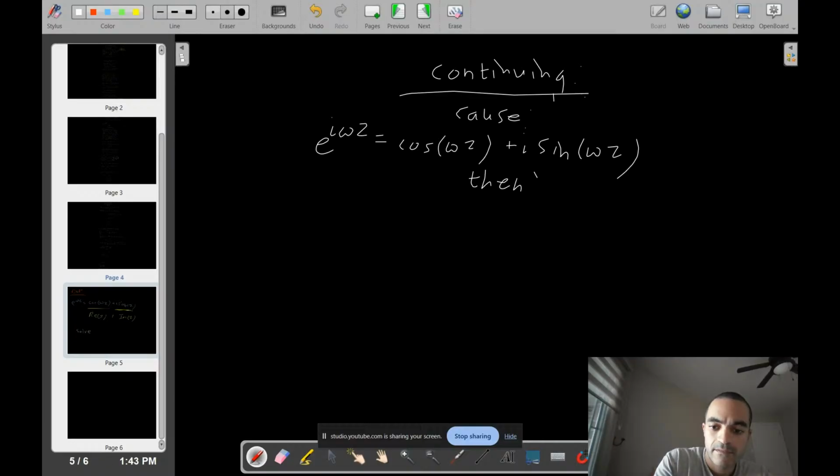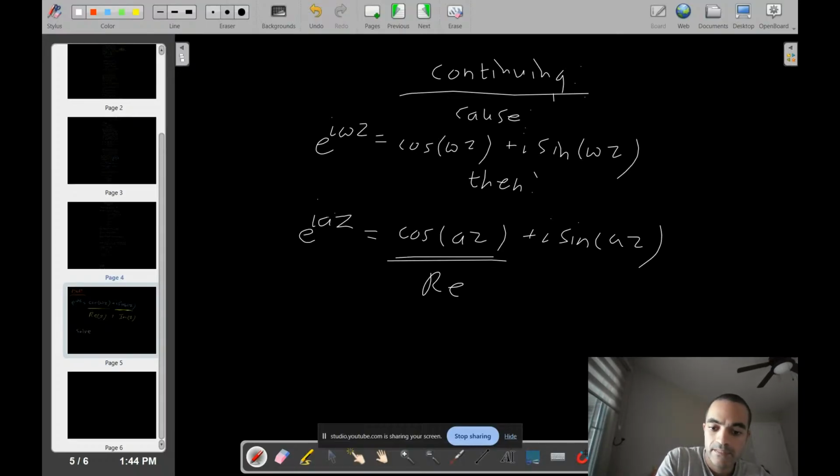I'm going to use a's here because that's what we're dealing with. So e to the i a z, because we're translating this in terms of z's, and there's no omega here, is equal to cosine of az plus i sine of az, where this is the real and this is the imaginary.